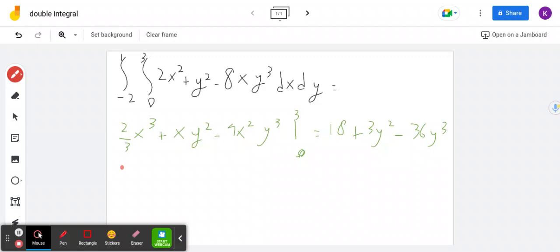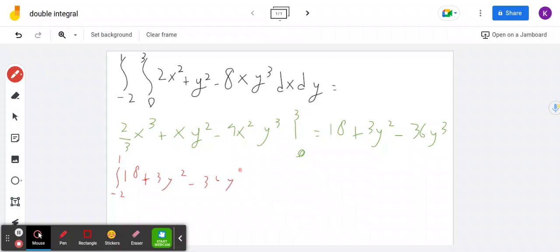So we have the integral from -2 to 1 of 18 plus 3y squared minus 36y cubed.